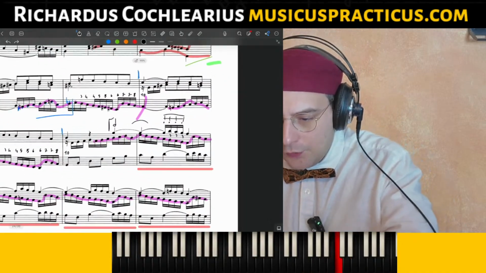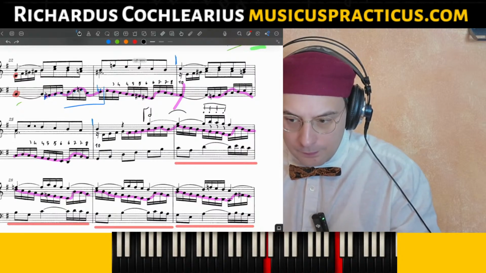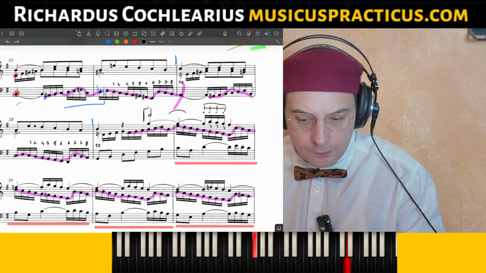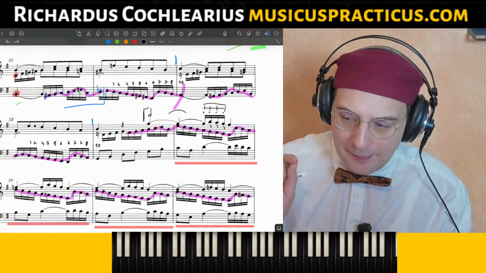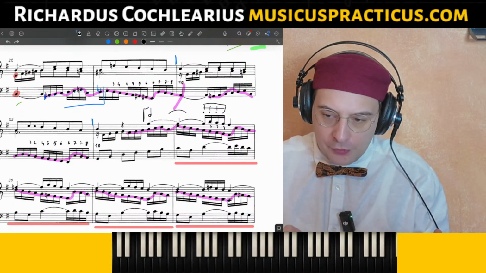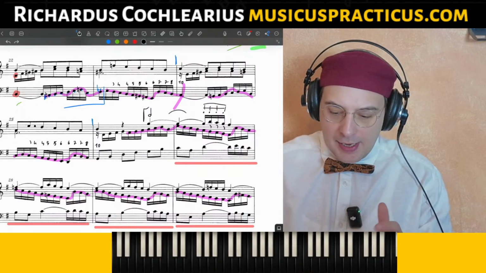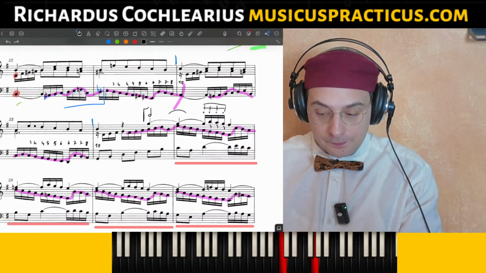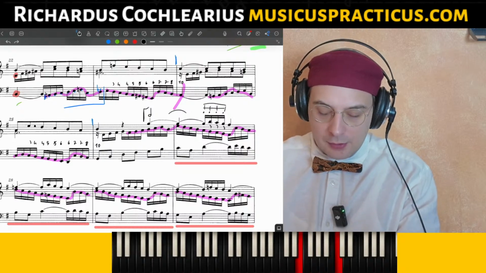Fa, mi, fa, la, sol, fa, mi. Instead of repeating the same exact thing, he shifts this melody a bit before, and starts with that 6th, which becomes a 3rd. So down a 4th. Instead of the 6th, the 3rd.